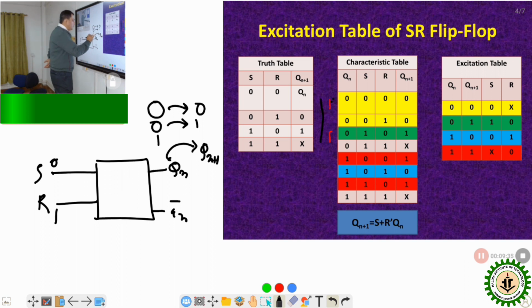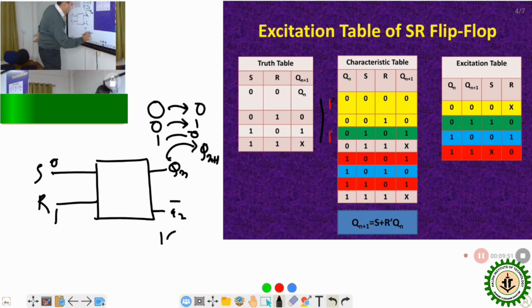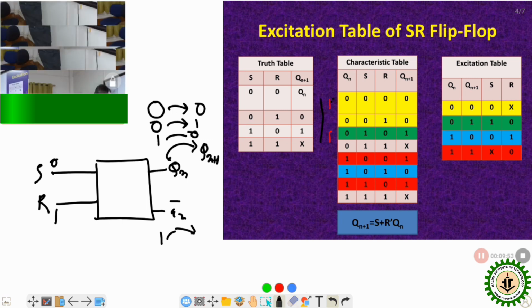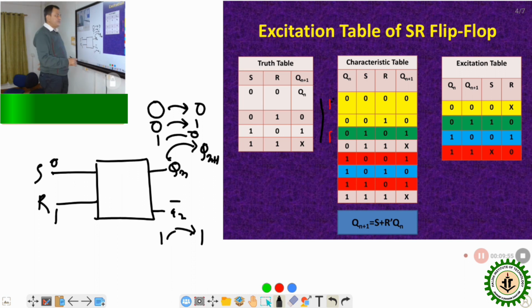Present state is 1, next state could be 0, that is another combination. Or present state could be 1, next state is also 1. So this is Qn and this is Qn plus 1, present state, next state. So there are 4 possible combinations of Qn to Qn plus 1.